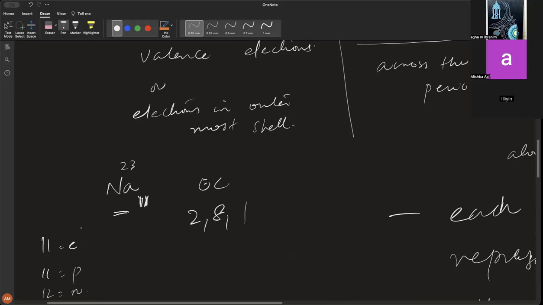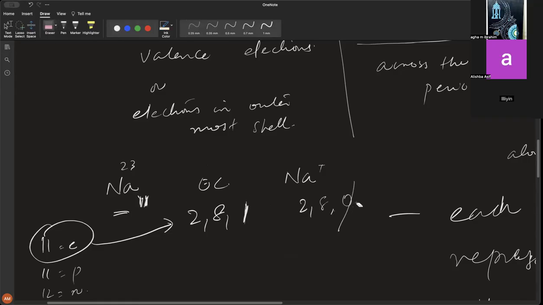Whenever we are making electronic configuration, we are concerned with the number of electrons. So the electronic configuration of the sodium ion is going to change from 2, 8, 1 to 2, 8, because the last electron goes off when it is making an ion.